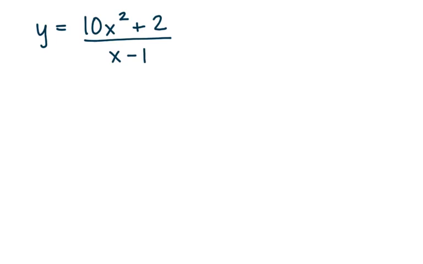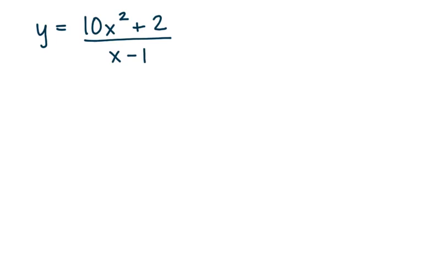So we'll do one last example, finding an oblique asymptote. And we might have y equals 10x squared plus 2 over x minus 1.